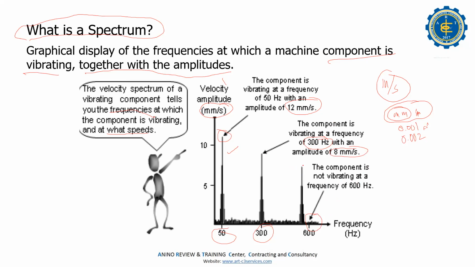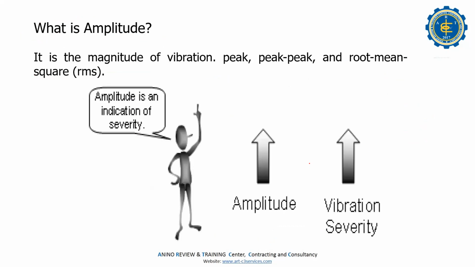This is only a presentation of how to read velocity in a graph. Because this is basic vibration monitoring, we are not in the higher level. Maybe in the D2, that is the higher analysis.